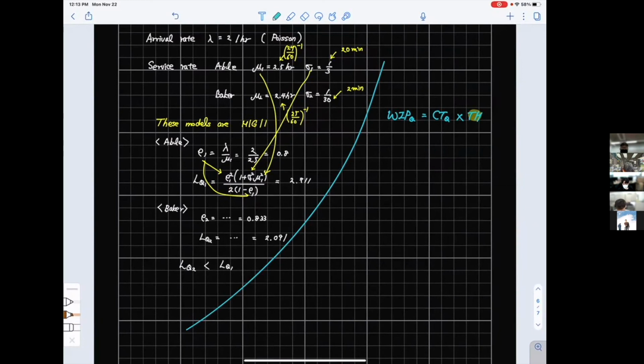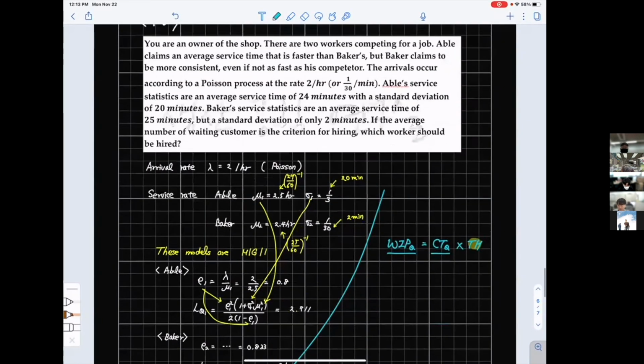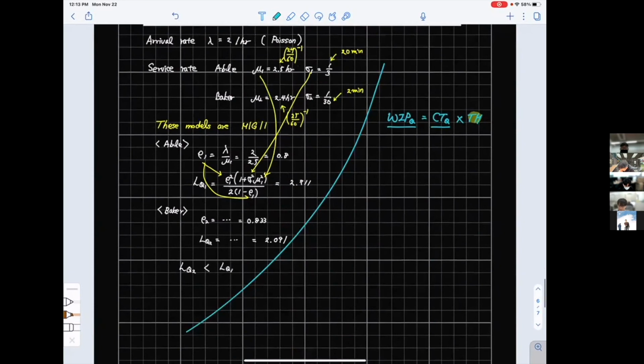So calculating WIPQ is the same as calculating CTQ. And this is the M/G/1 model.